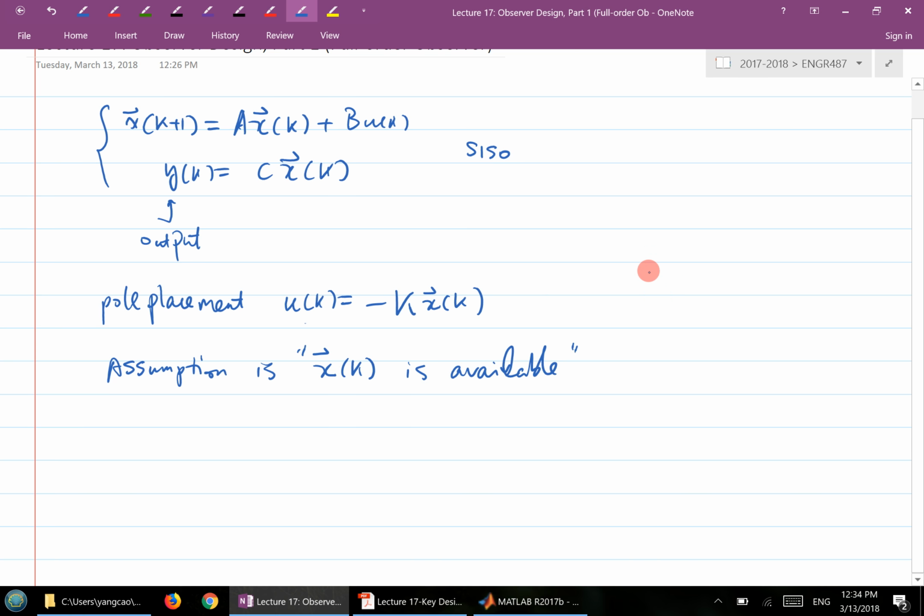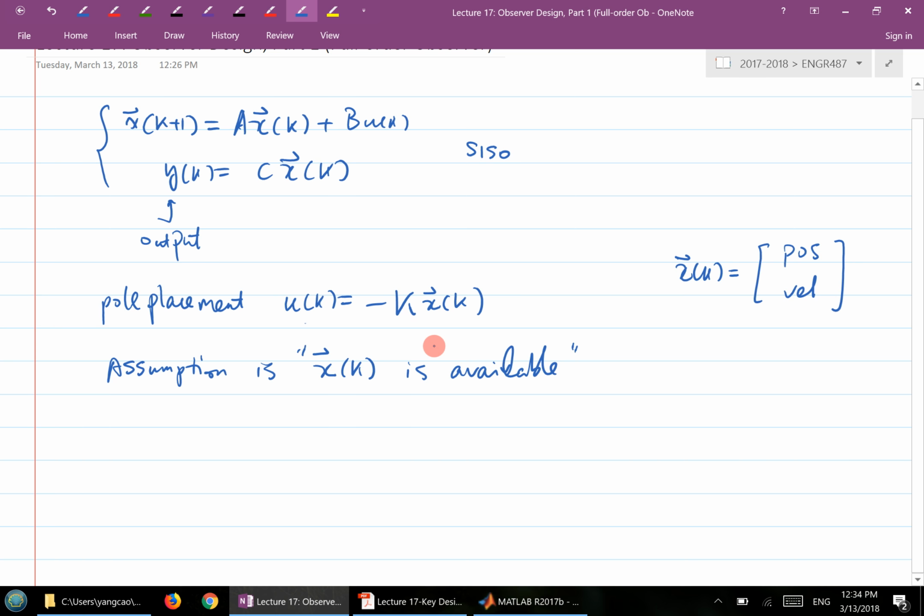In a lot of cases, for example in our project, your x of k could be theta and theta dot, that is, position and velocity. So your state variable is position and velocity, and you do have sensors to measure the position and velocity, so they are available. That's fine.